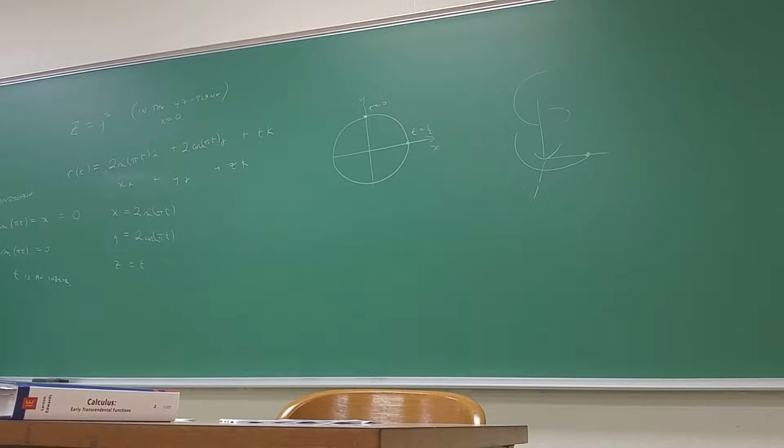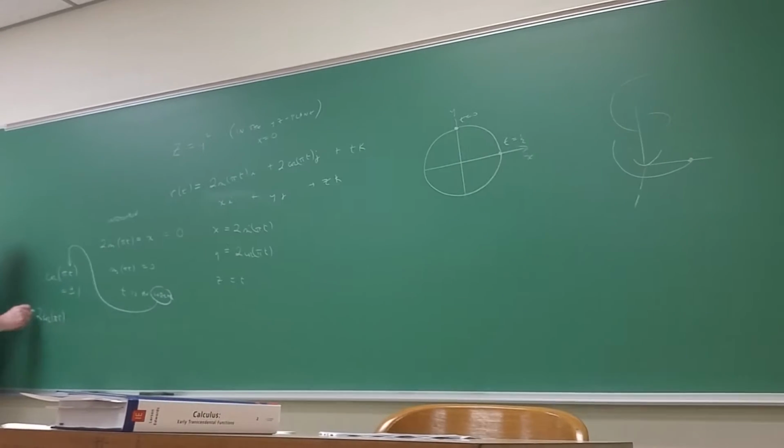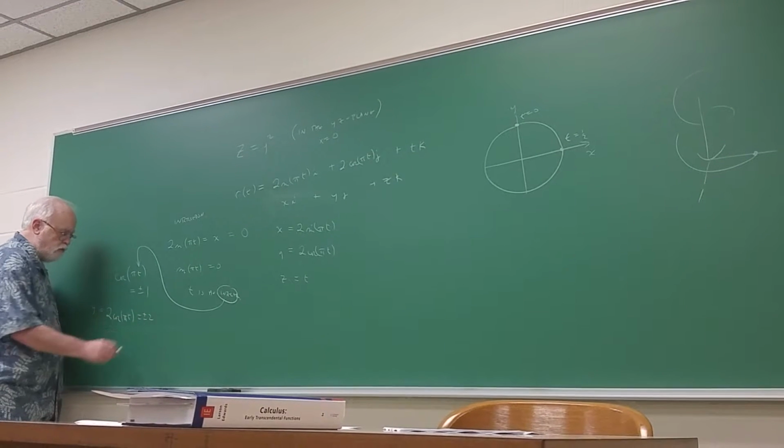If I have an integer, the cosine of pi t, for t an integer, is plus or minus 1. If t is even, you get plus 1. If t is odd, you get minus 1. And so when I multiply that by 2, the y is going to be plus or minus 2.